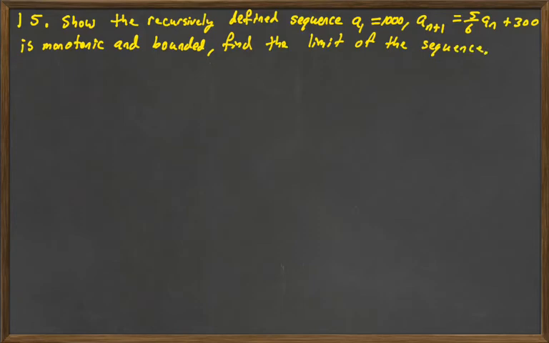Now there's a problem in the homework that's basically this problem here, but it goes that you have a farmer that has 1,000 acres of land or something, and he harvests 1/6 of it, and so there's 5/6 of it left over, and then he plants seeds for 300 more.